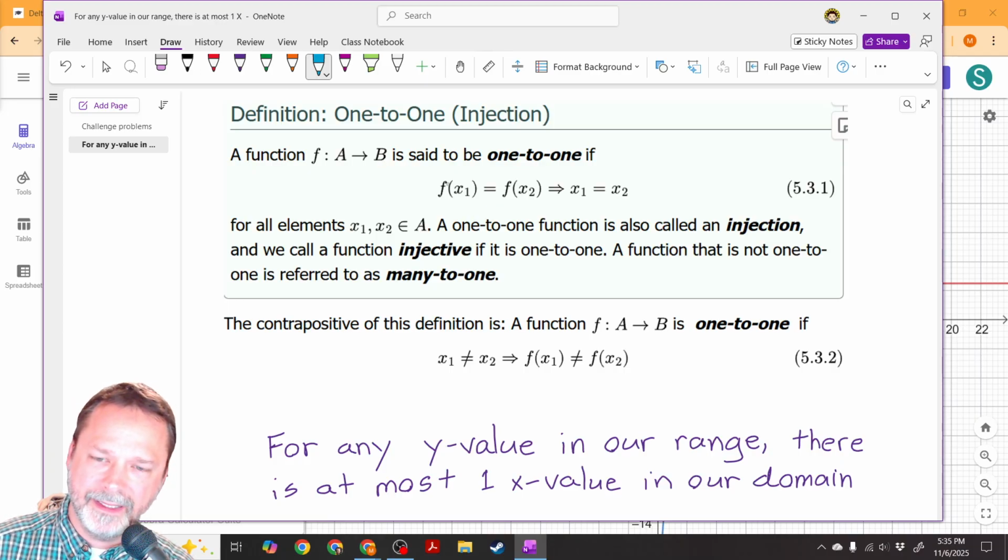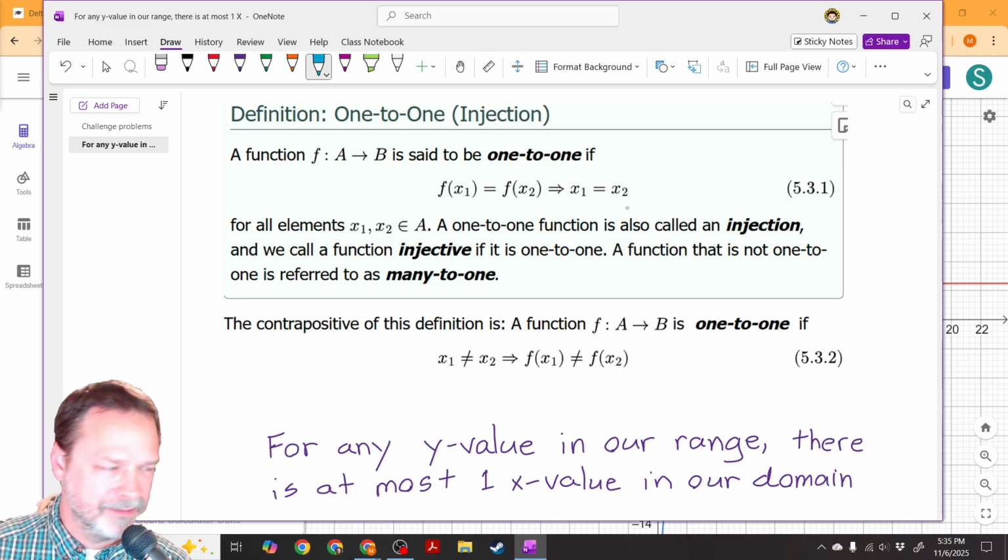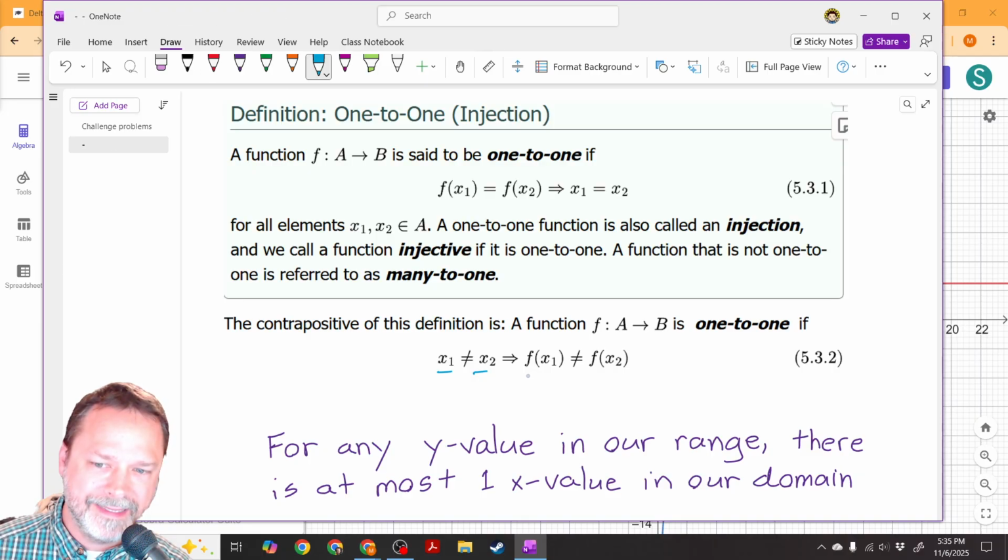is one-to-one if, when there are two different x values and we take the function of those, f of x1 equals f of x2, that means we started with the same x values. Or, this makes it a little easier: if we start with different x values, we're going to get different y values.